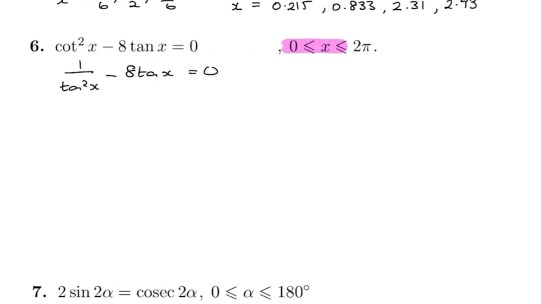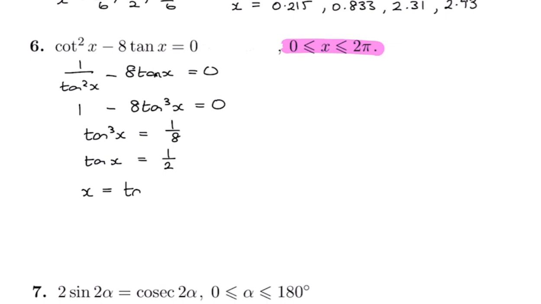Again, we're working in radians, so I'm going to make sure our calculator's working in radians. Multiply the whole thing by tan squared x, so we get 1 minus 8 tan cubed x equals 0. Rearrange that to get the tan cubed on its own. Tan cubed x equals an eighth. Okay, therefore tan x, when we cube root an eighth, is half.